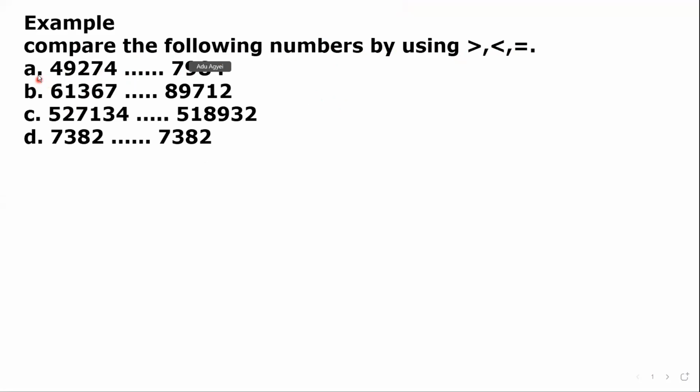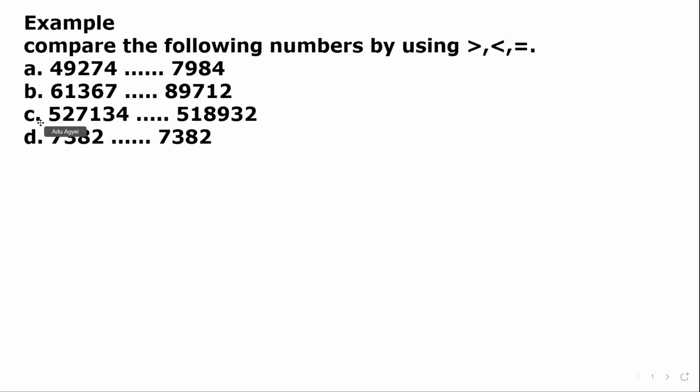We have A. The numbers are 49274 against 4984. The B, the numbers of the B start with 61367 against 89712.